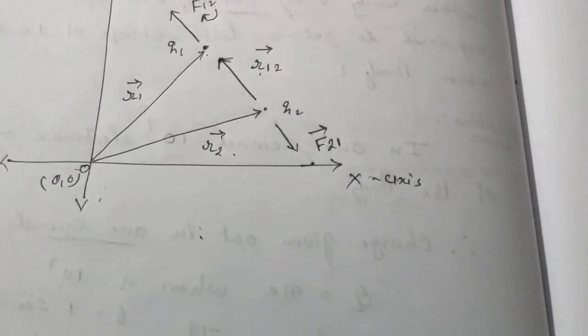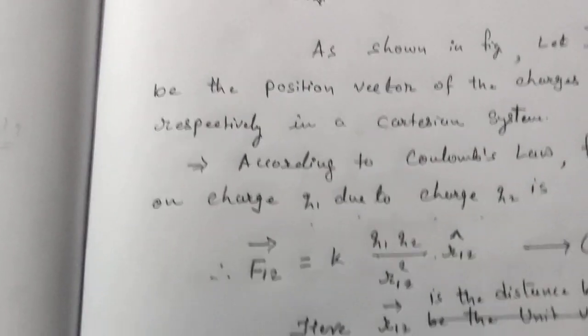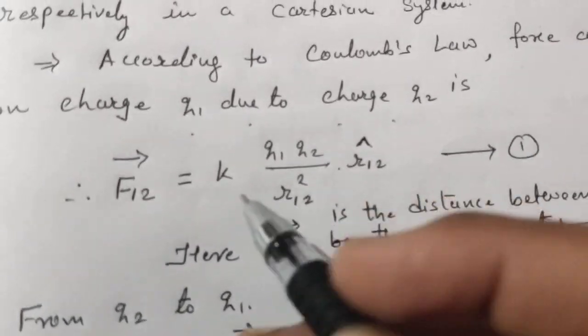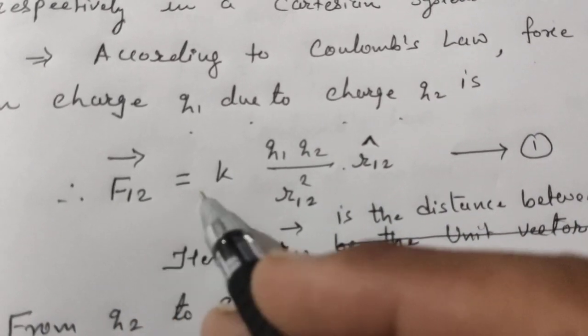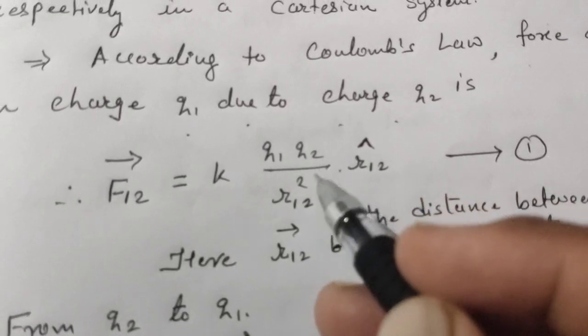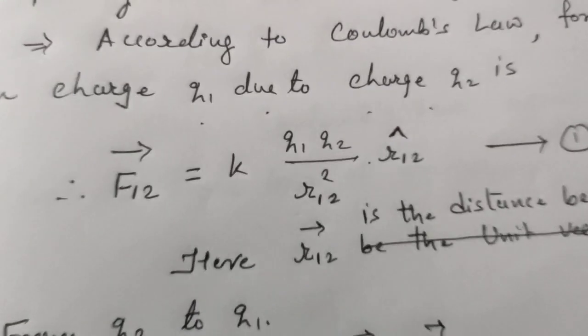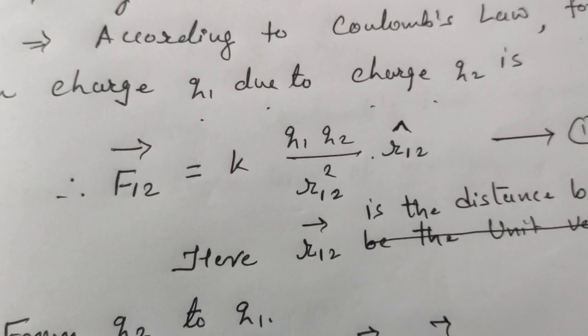Now as per this definition and equation of Coulomb's law, we can write F12 equal to K Q1 Q2 upon R12 square into R12 cap.